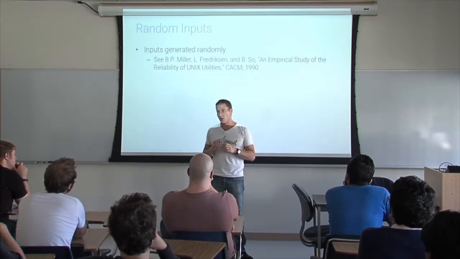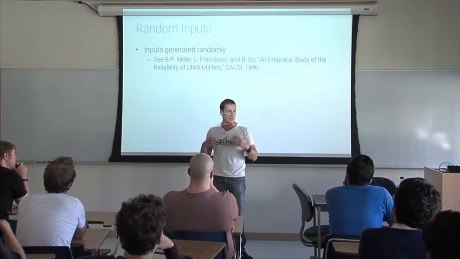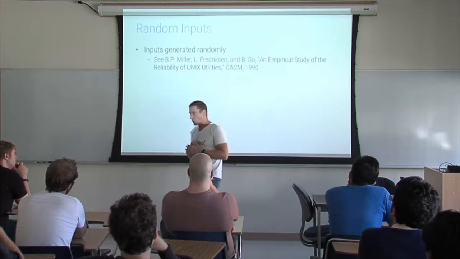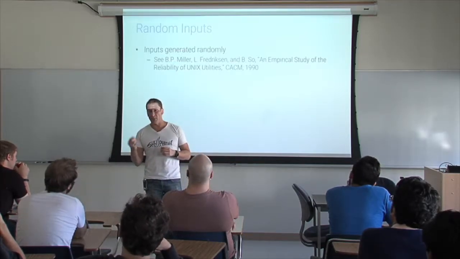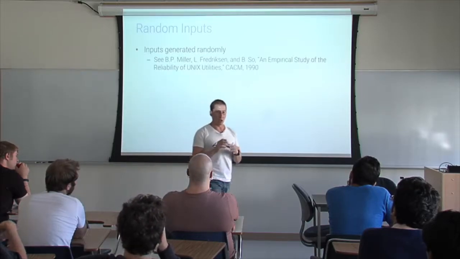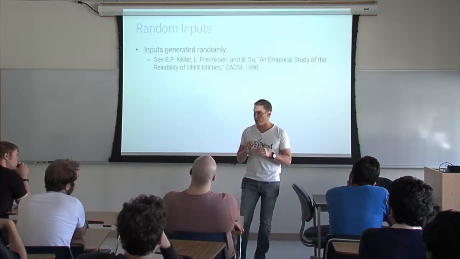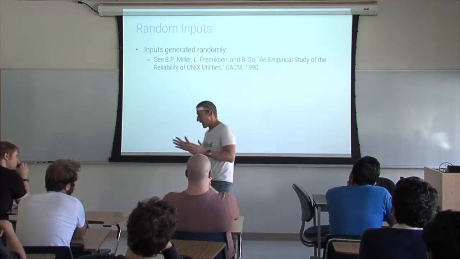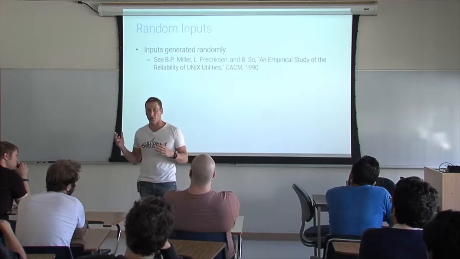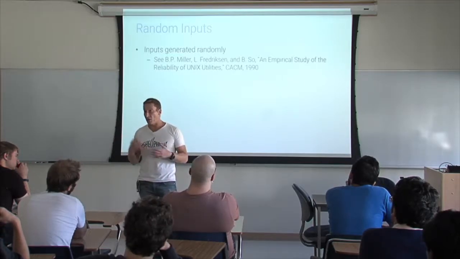There was some electrical turbulence, and because of that, weird non-ASCII characters were passed to the command line tools in Unix. So instead of just ASCII characters, there were all these weird characters. And he noticed that because of this randomness, these tools were crashing.